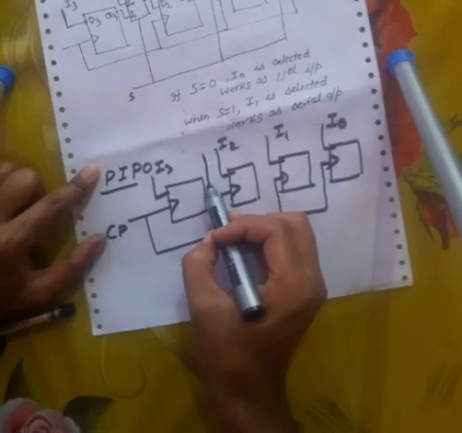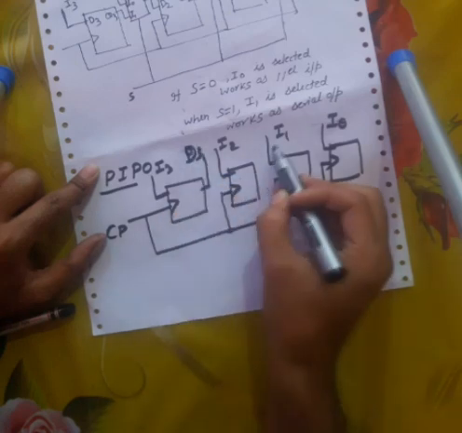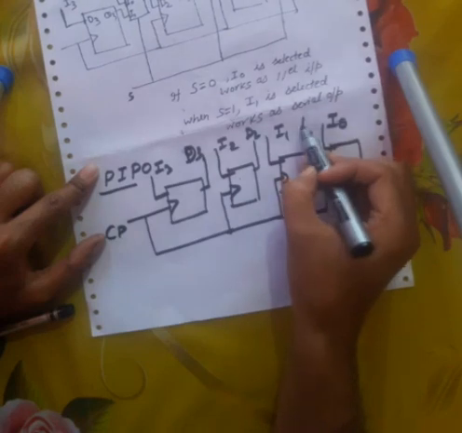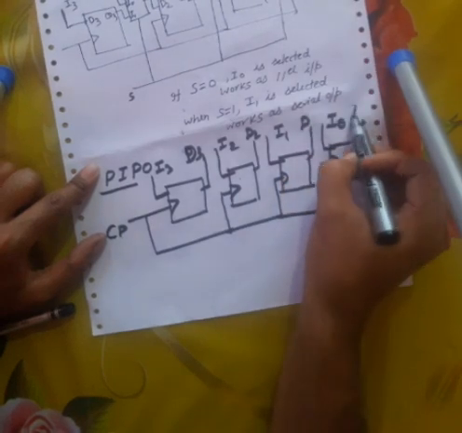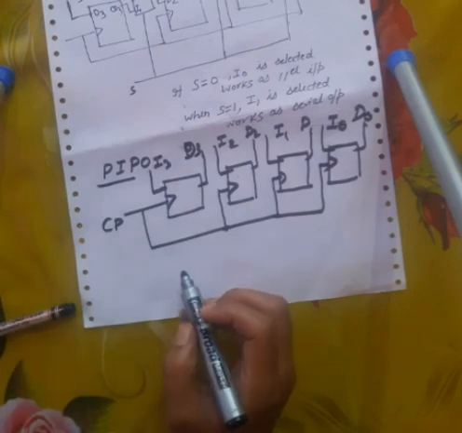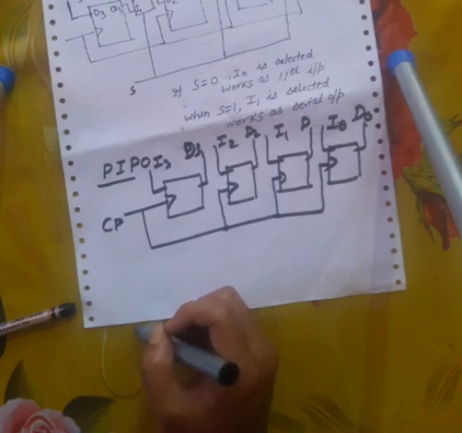I will also take output, suppose D3, D2, D1 and D0, means we are getting output after only one clock pulse. So this is the fastest among all the shift registers.